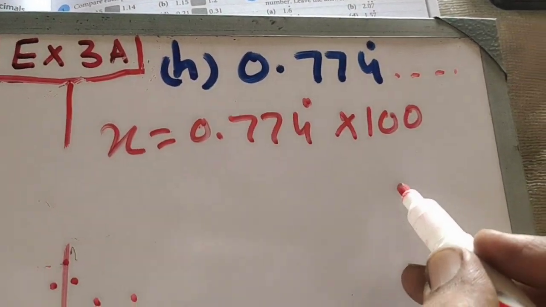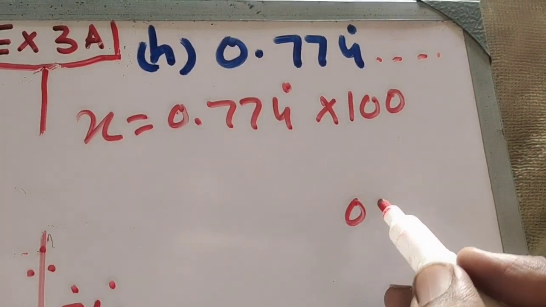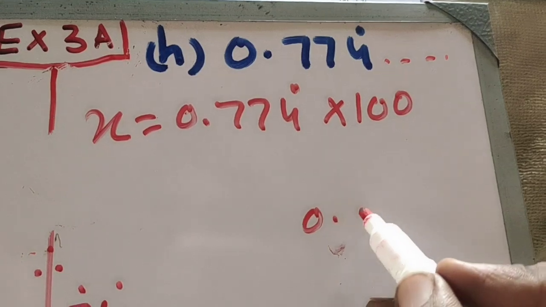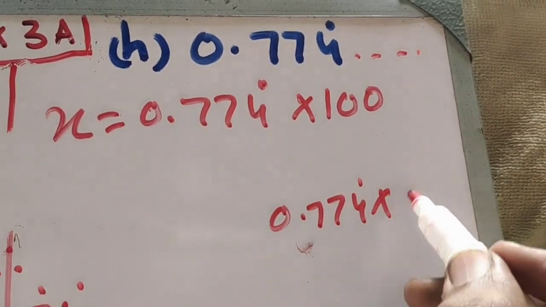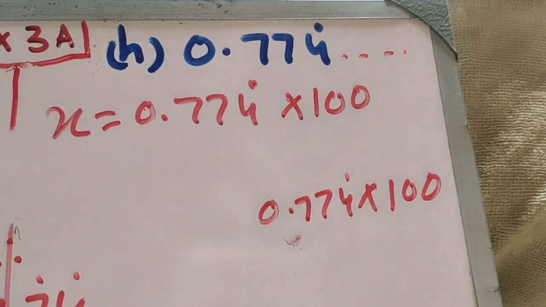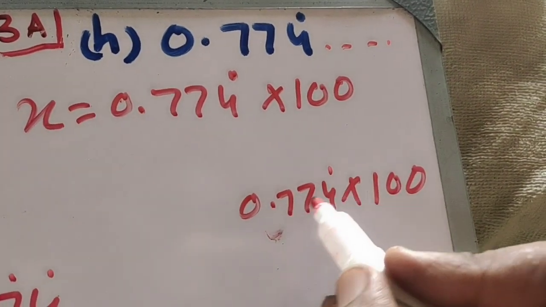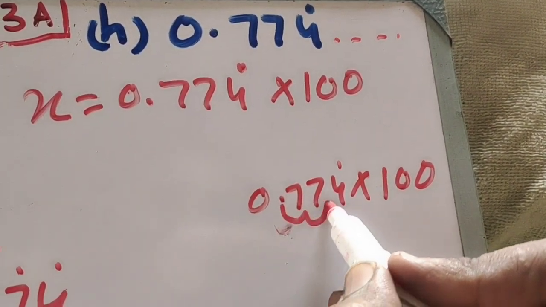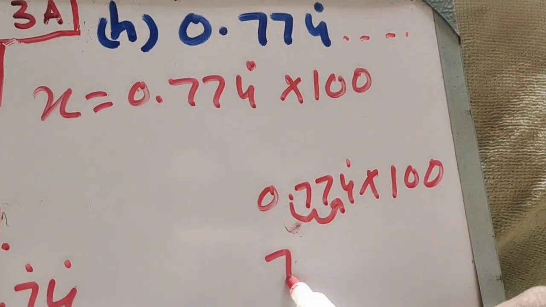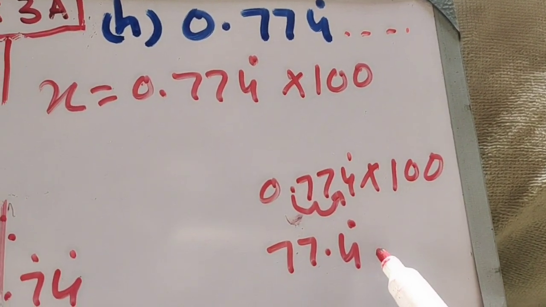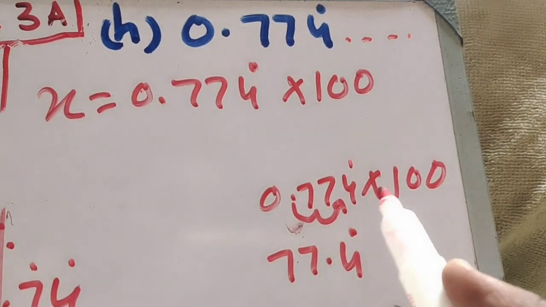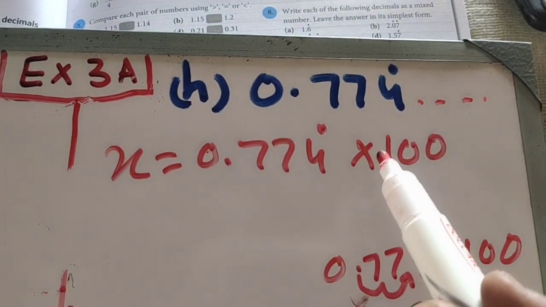So what will the answer be here? 0.774 dot into 100. When it is multiplied with 100, 1 and 2, here it comes: 77.4 dot. Okay, this will be the answer when we multiply this number with 100.